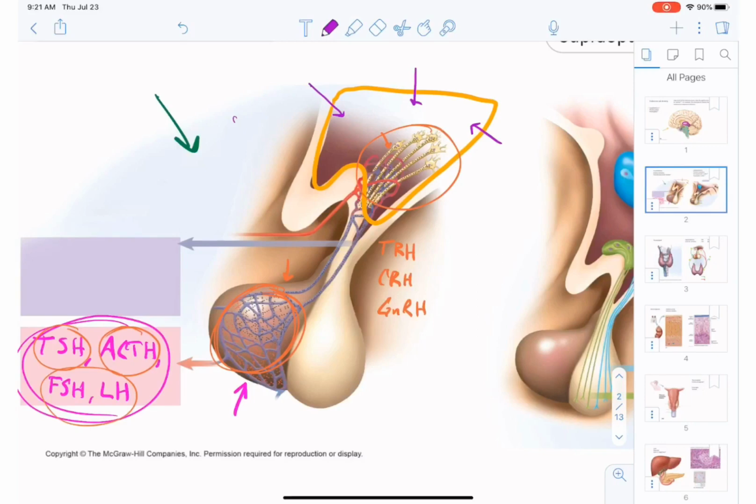And so based on that sensory information, the hypothalamus can integrate it and then activate appropriate endocrine axes to respond to that. So for instance, it can activate the thyroid axis by releasing TRH. It can activate the adrenal axis by releasing CRH, or it can activate the gonadal axes by releasing GnRH.